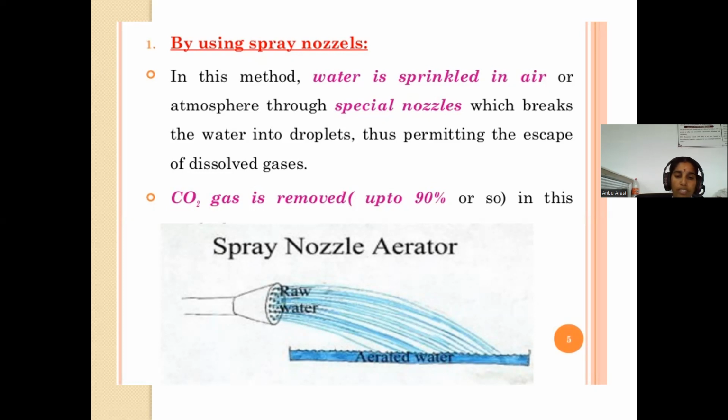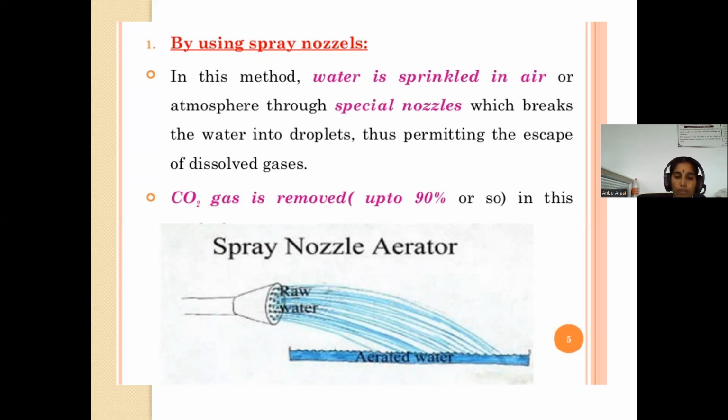Research shows that this method of aeration will remove 70 to 90 percent of carbon dioxide, and it also kills the bacteria in the water. The nozzle opening should be large, more than 2 centimeters, to avoid clogging. But at the same time, the construction should be such that the water is dispersed into fine droplets.